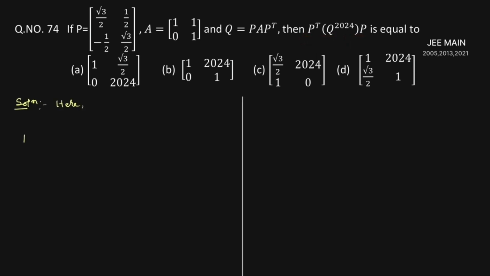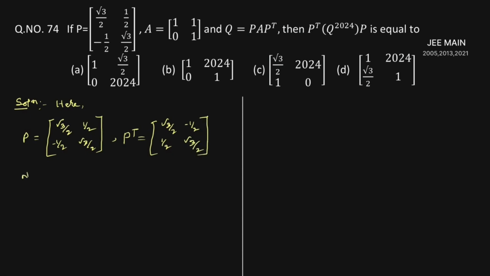So here P is equal to matrix of root 3 by 2, 1 by 2, minus 1 by 2, root 3 by 2. If we find P transpose, then we write P transpose equal to root 3 by 2, 1 by 2, minus 1 by 2, root 3 by 2.